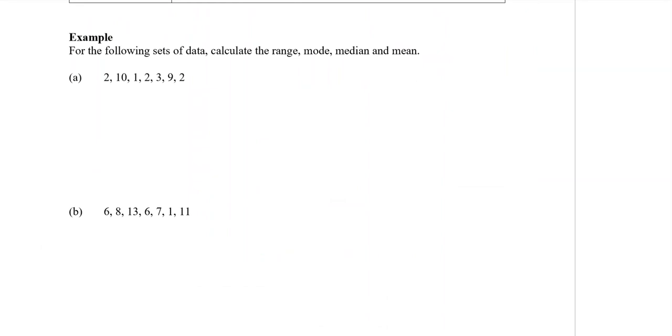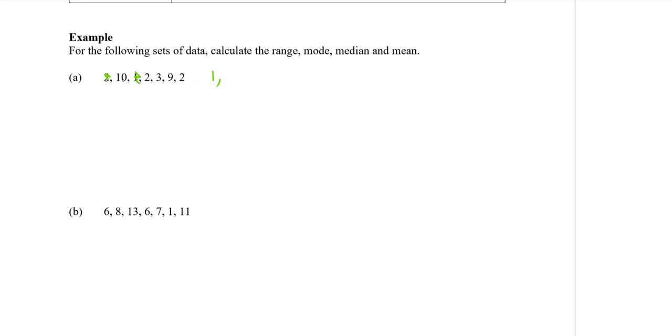For the following sets of data, calculate the range, mode, median, and mean. Before we do them, even though I only really need it for the median, I do it from the very start. I'm going to put them in order from smallest to largest, because it actually helps with all of them. So putting them in order, my smallest number is 1, so cross that out.